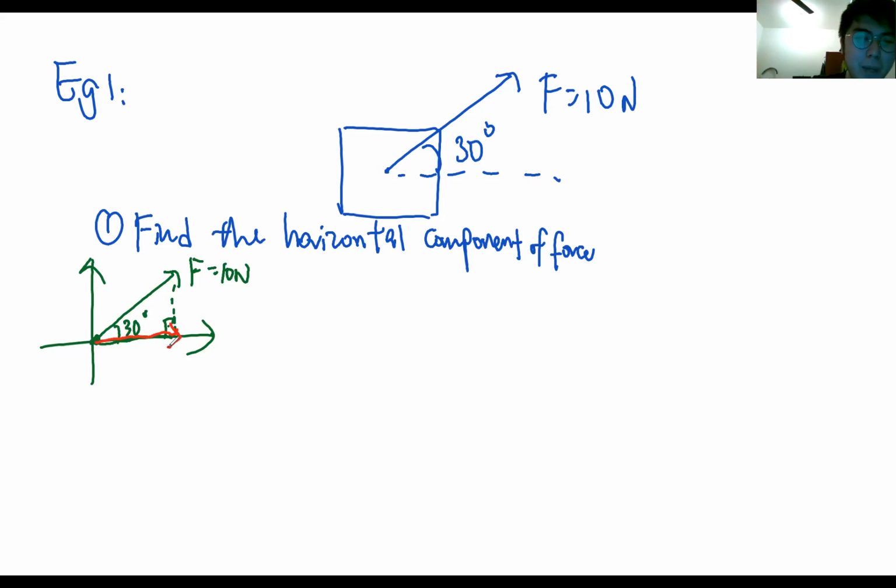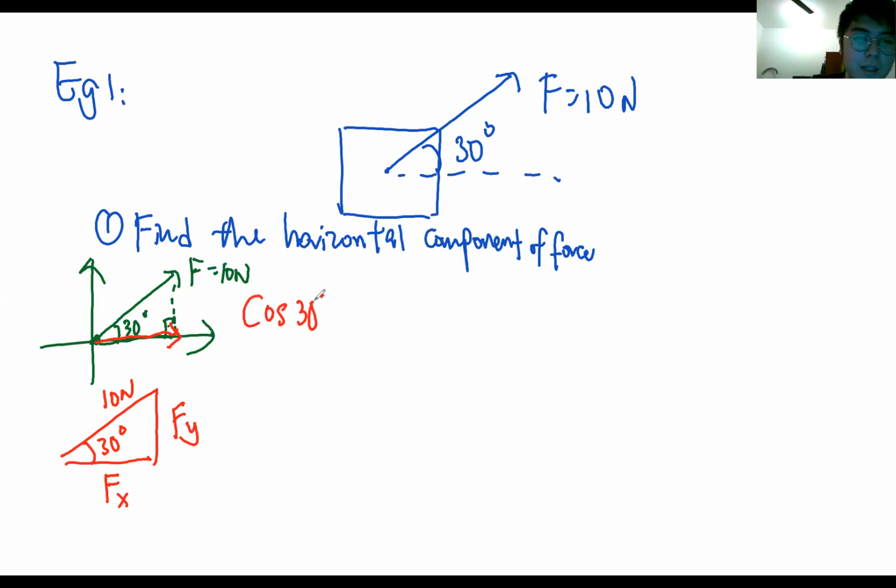Now, how do you find that? Using the mathematics sine, cos, tangent, like this, 30 degree here. So this is 10N. You want to find at the bottom this one, Fx, horizontal component. And this one is actually Fy, vertical component. Now to find Fx, what do you use? You use cos.